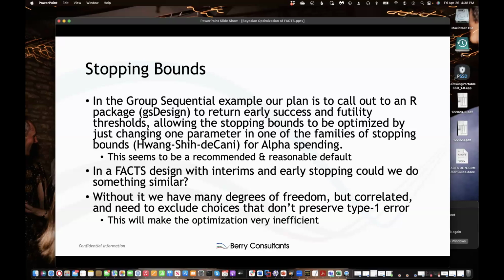And of course, there's the problem that the effects will be correlated, and we need to exclude choices that didn't preserve the type 1 error. And there's a risk that this makes the optimization process very inefficient. So I wanted to come up with some way of replicating these Hwang-Shih-DeCani alpha spending rules in FACTS.